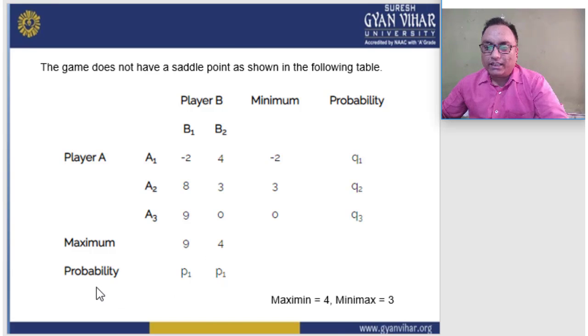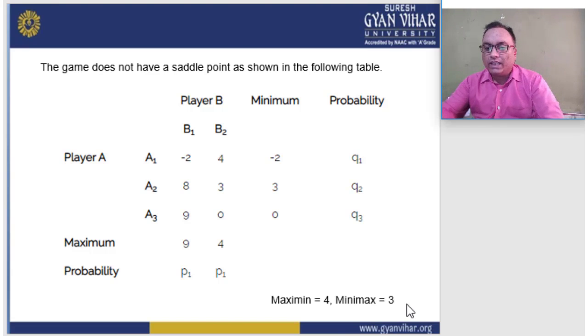The probabilities for the columns are P1, P2, and for the rows Q1, Q2, Q3. So we find the maximin and minimax values. The minimax value is 4, and the maximin value is 3.